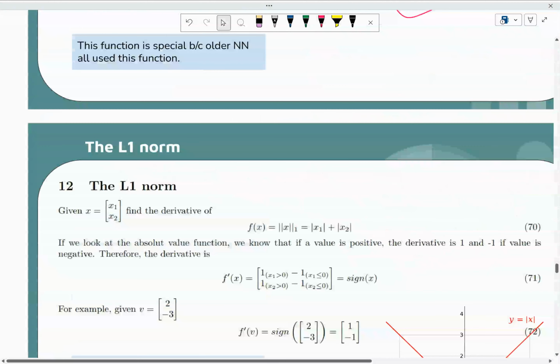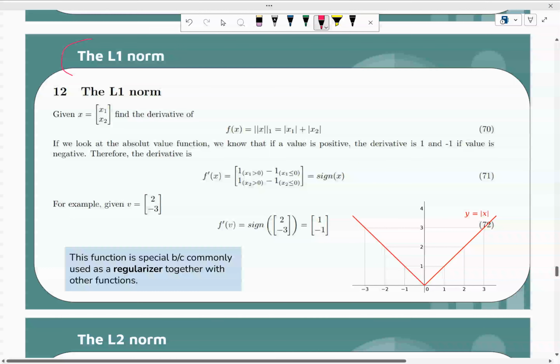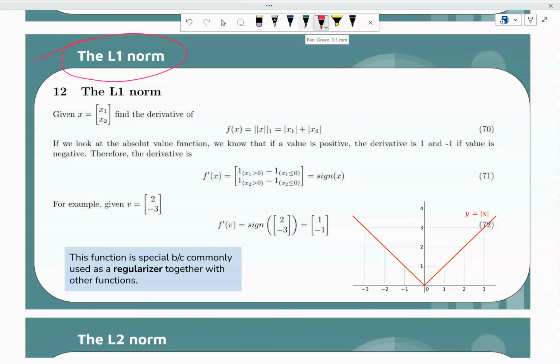Okay? All right, the next one is the L1 norm. Make sure you watch the video on the L1 norm. I'll provide that. I think I had a video just on norms, and if you know the norms, this will make a lot more sense. But basically, the L1 norm is if you put a vector into this, this 1 means L1 norm.